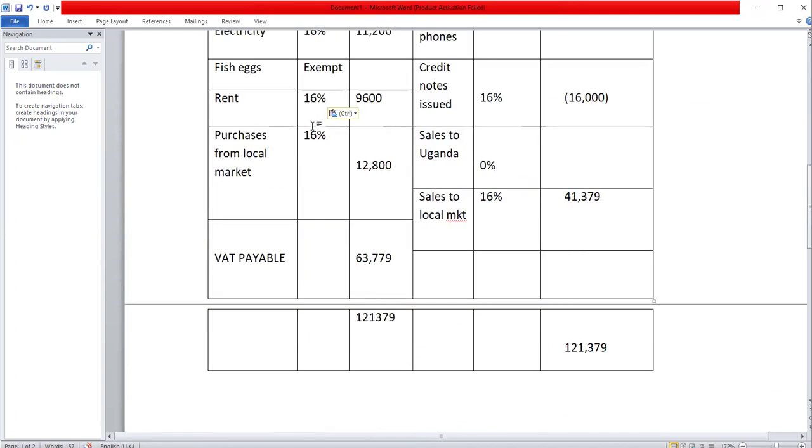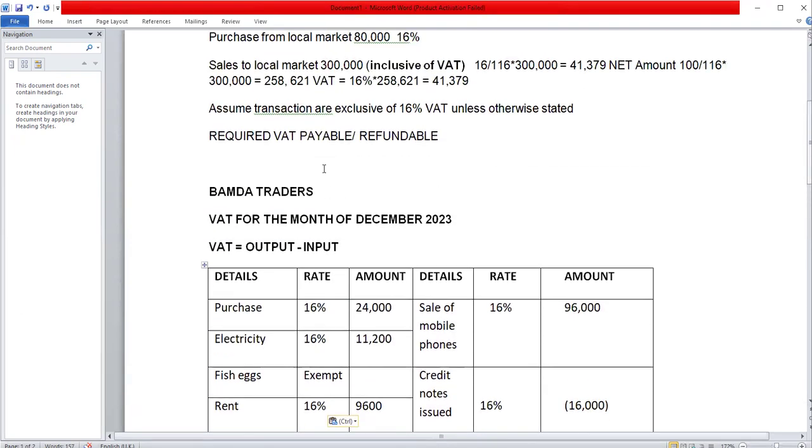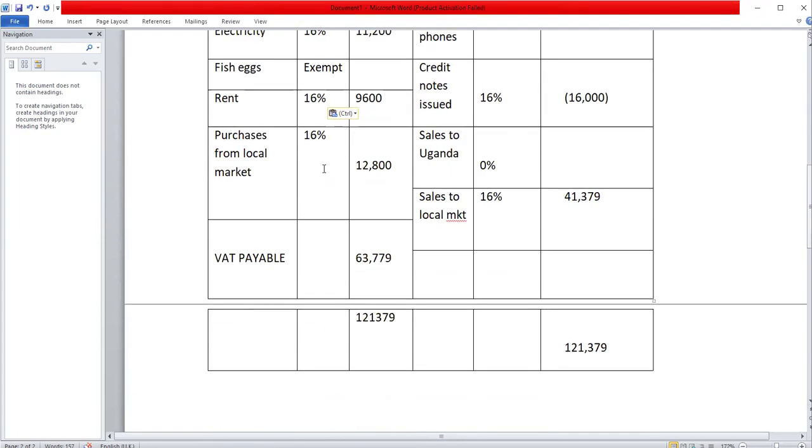So 16% of 60,000 is 9,600. Purchase from local market, the amount was 80,000. So if you take 16% of 80,000, you will get 12,800.